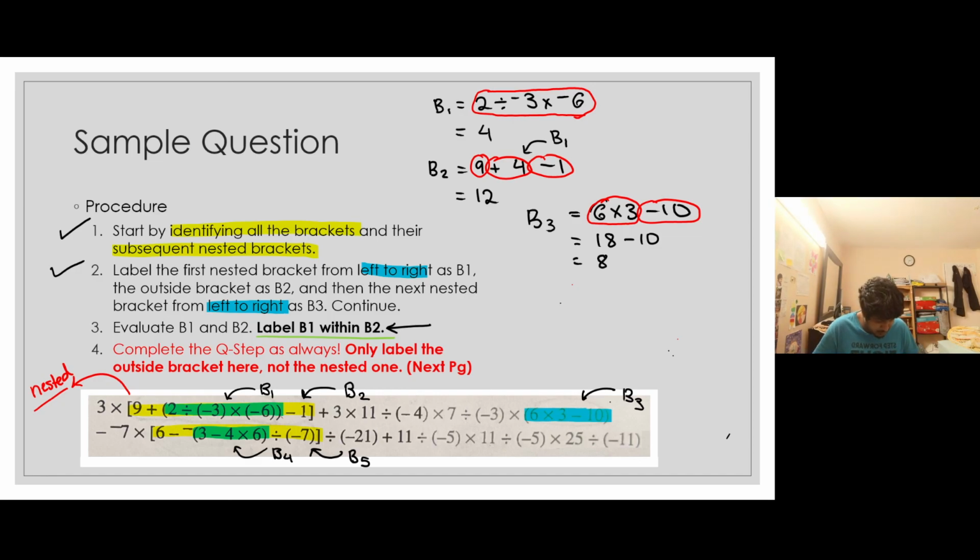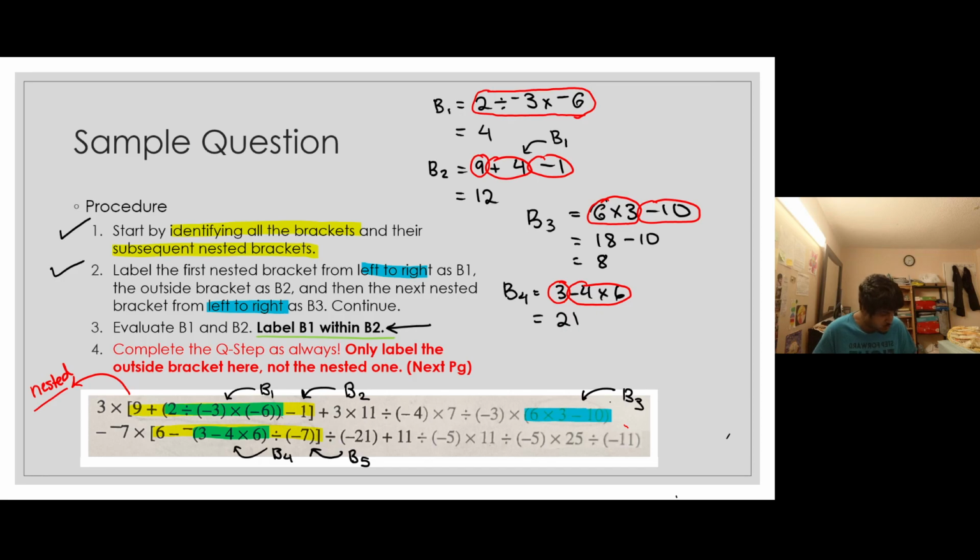Let's go ahead and evaluate B4 and B5 as well. B4 is equal to 3 minus 4 times 6. Again, we can take the opportunity here to go ahead and circle. 3 is by itself, minus 4 times 6 is by themselves. And that will be 3 minus 24, which is equal to 21.